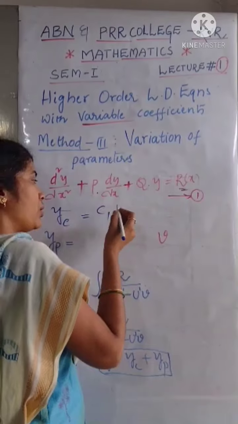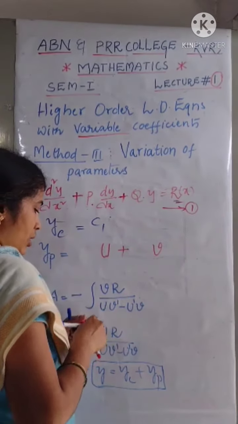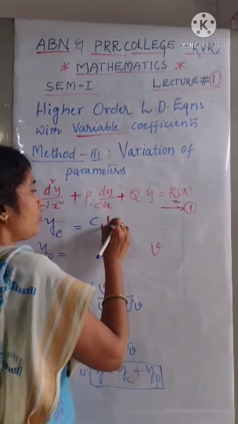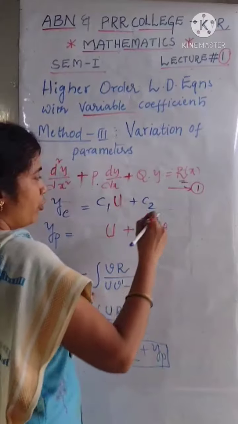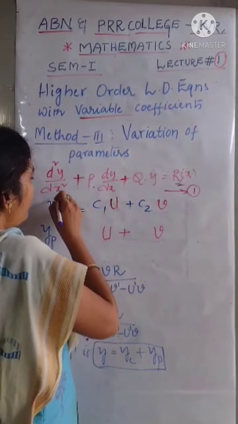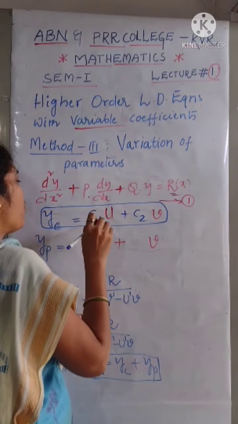Let them be c1 and c2, and yc is in the form of c1 into u plus c2 into v. This is the complementary function of the homogeneous equation of 1.